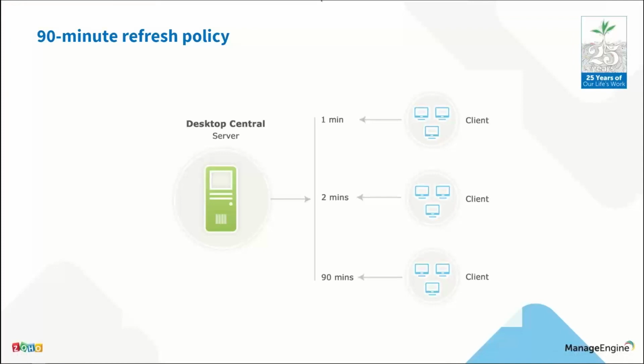Network is not choked by the agent-server communication, meaning bandwidth is not disturbed due to the agent-server communication. The performance of the server is not affected at any time. Also, Desktop Central Server has the intelligence to systematically streamline the communication from all the agents at regular intervals. Using this feature, we ensure a hassle-free communication from agent to server.